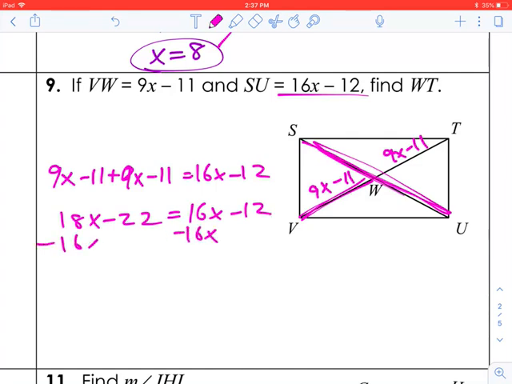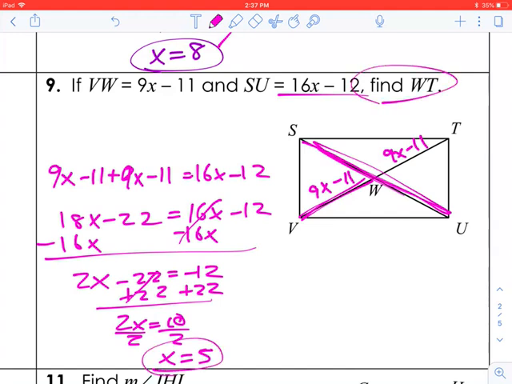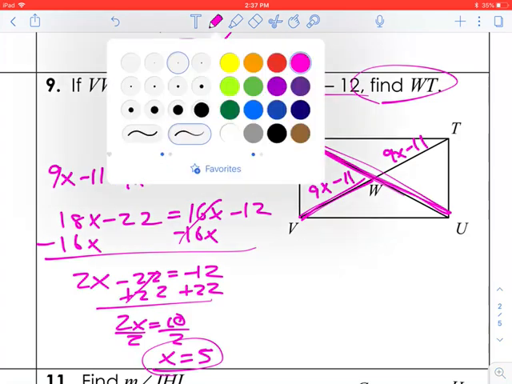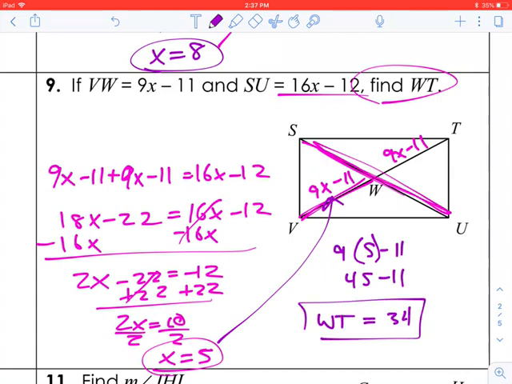Get x on one side of the equal sign. I get 2x minus 22 equals negative 12. And now we solve. So 2x equals 10, and x equals 5. So if I'm looking for WT, well, I already know WT is the same as VW. So I'm going to plug it in to there. 9 times 5 minus 11. So that's 45 minus 11. So WT equals 34. There we are.